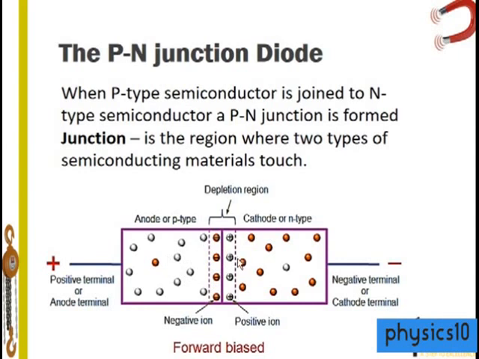This region is called the junction. So that line here is actually the junction between the P-type and the N-type silicon. Therefore, what we have in effect is a p-n junction diode.